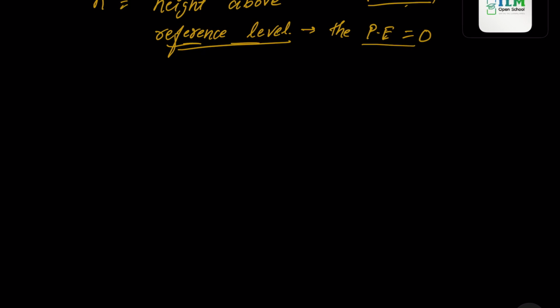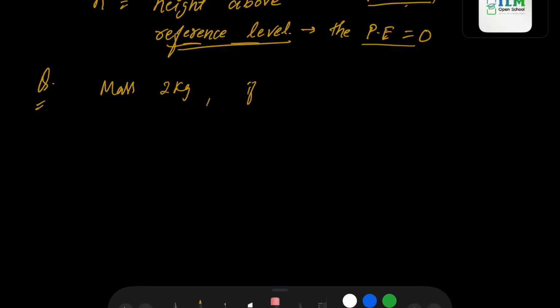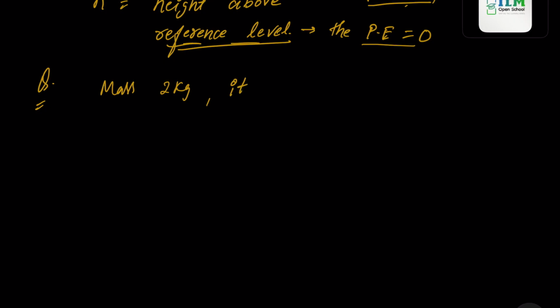Okay, so let's solve a simple question. Let's say an object has mass 2 kg and it is lifted to height 5 meter. What will be the potential energy?